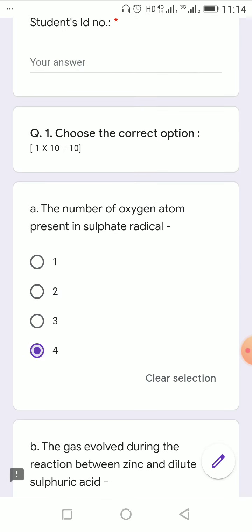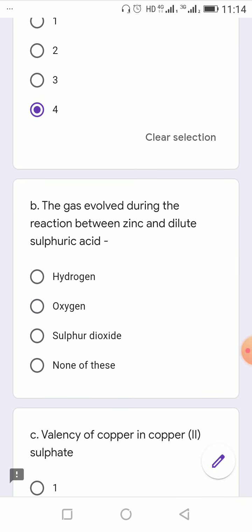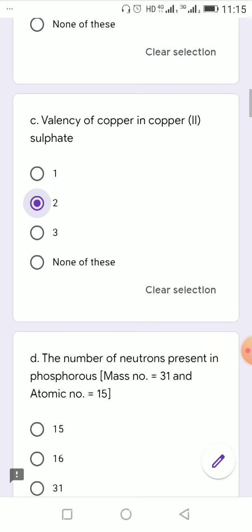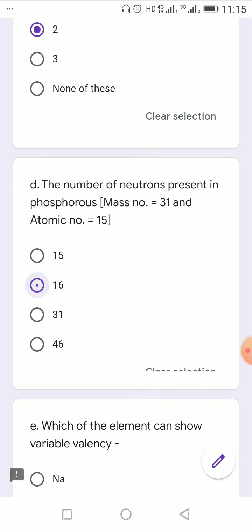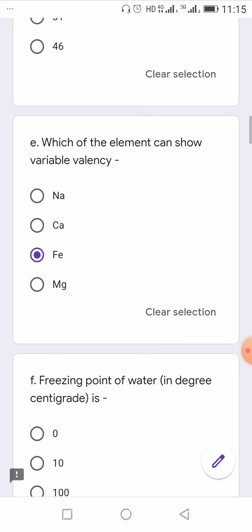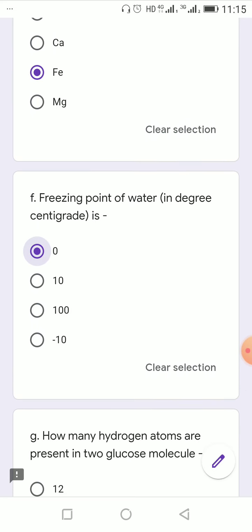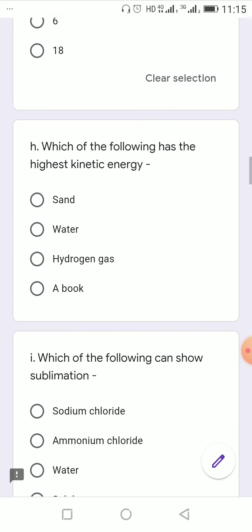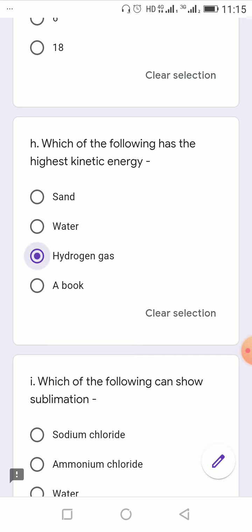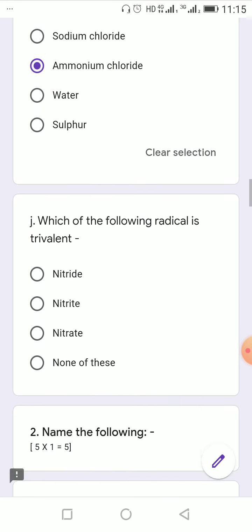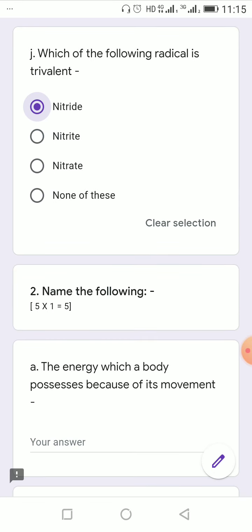It will be 4. Gas evolved during the reaction, this is hydrogen. Valency of copper in copper sulfate is 2. This will be 16. This is iron. Freezing point 0. 24. This is hydrogen gas, ammonium chloride, nitride.